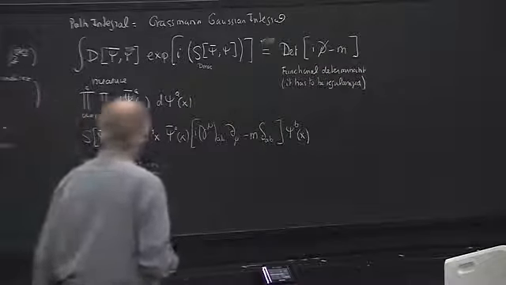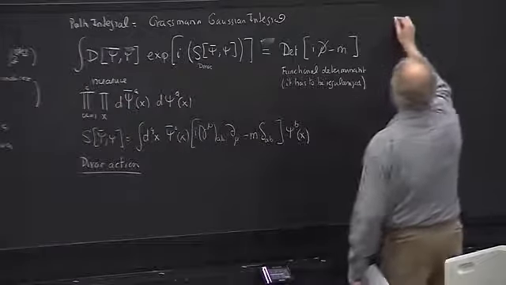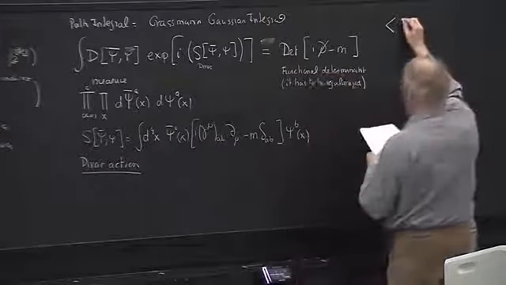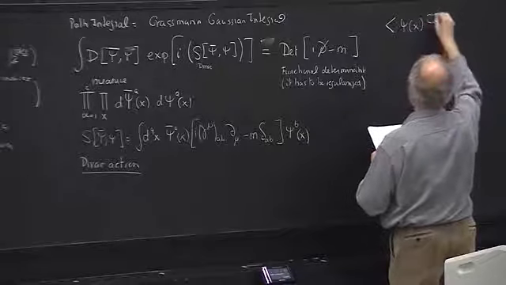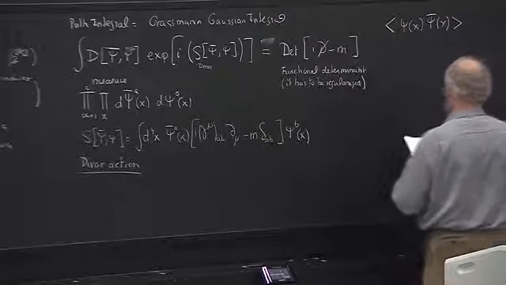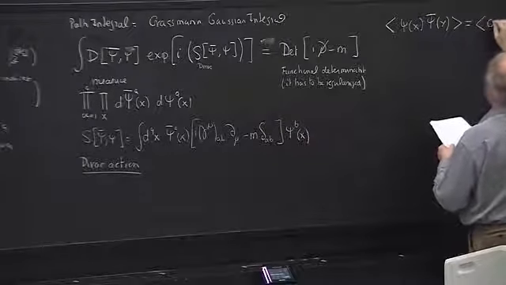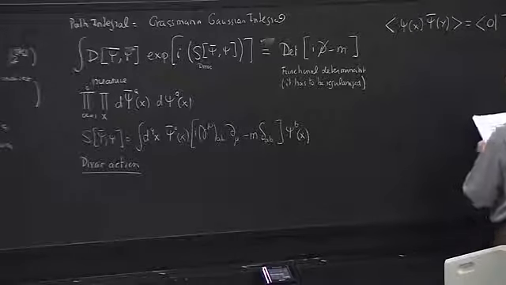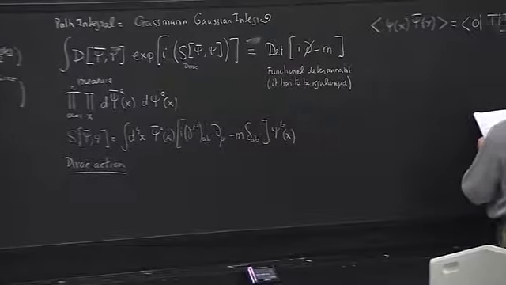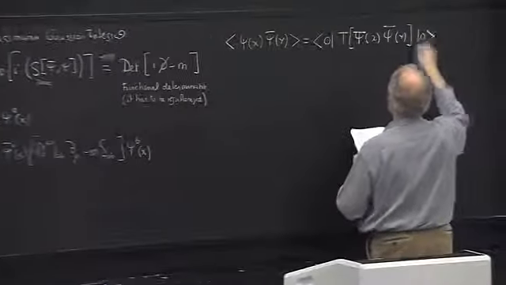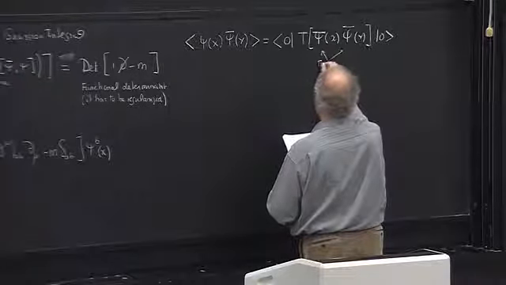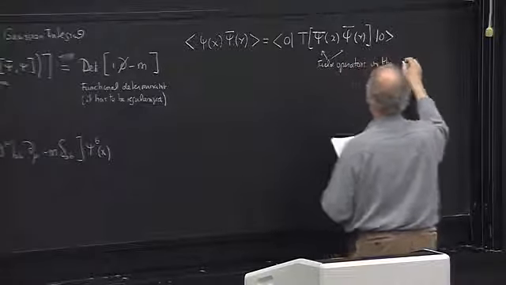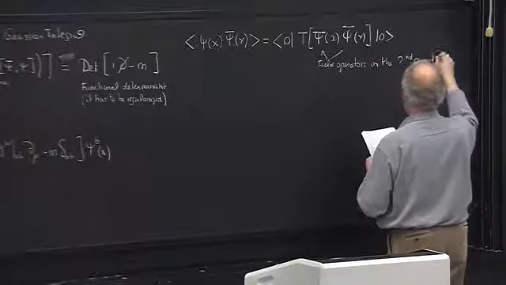Then we know that if we compute the expectation value in this sense, using this functional integral of psi of x, psi bar of y, which should correspond, in fact, to the vacuum expectation value of a time-ordered product of the operators psi of x, psi bar of y in the vacuum, where those are the field operators in the second quantized theory.